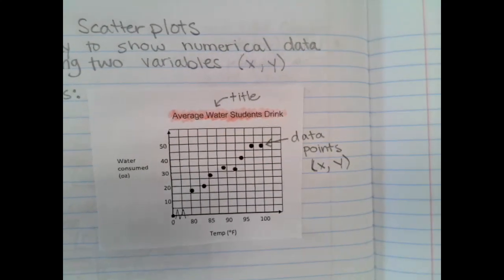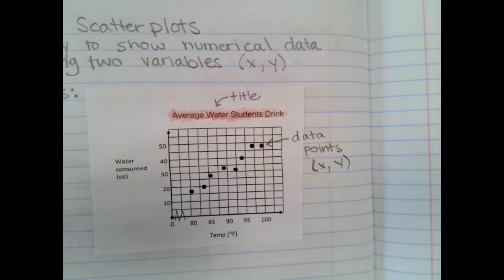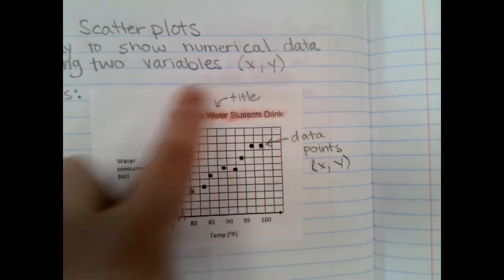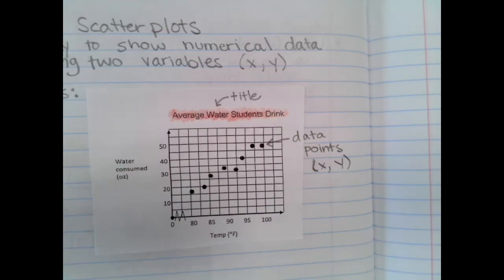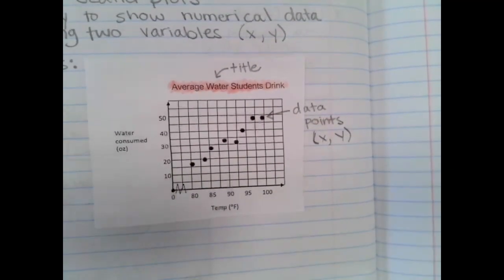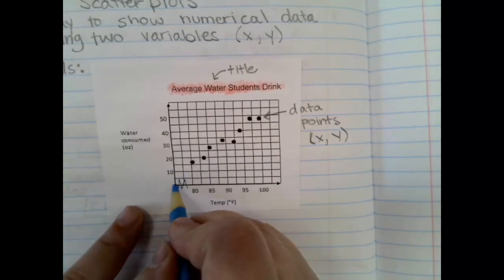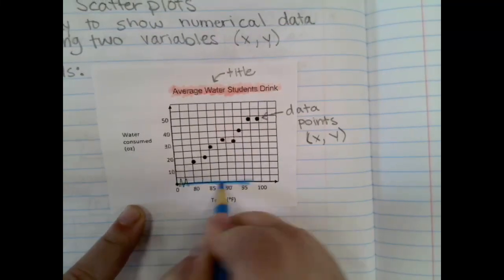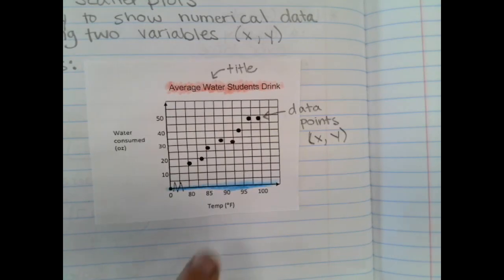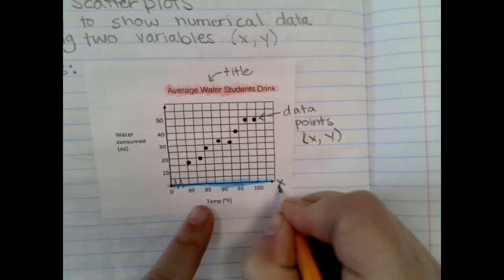Okay, what else do we see that's important? We're just looking at what creates this graph. Good, our X and our Y axis. So which one is our X axis? Temperature. So our X axis is going this way. So this is our X axis.